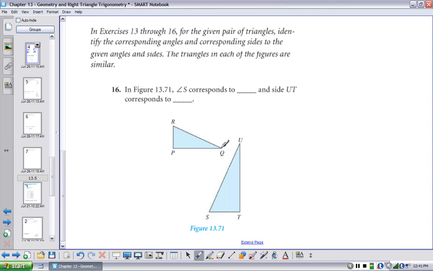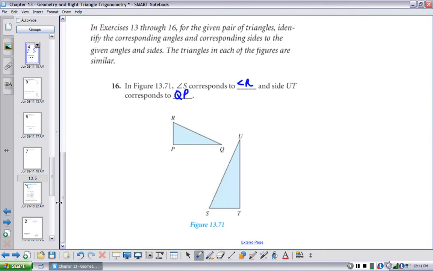Well, if we flip this around, this is kind of like a slanted line. So angle S corresponds to angle R. Side UT is kind of a straight line. It corresponds to this straight line here, which is side QP.